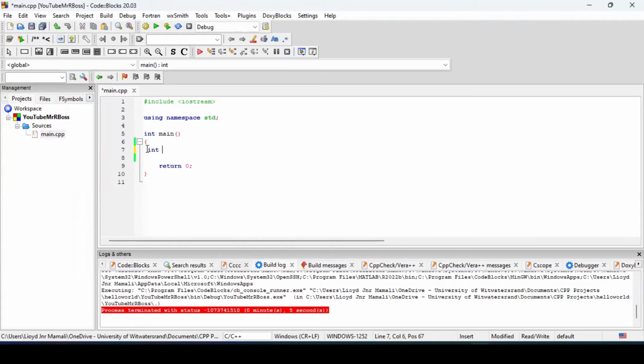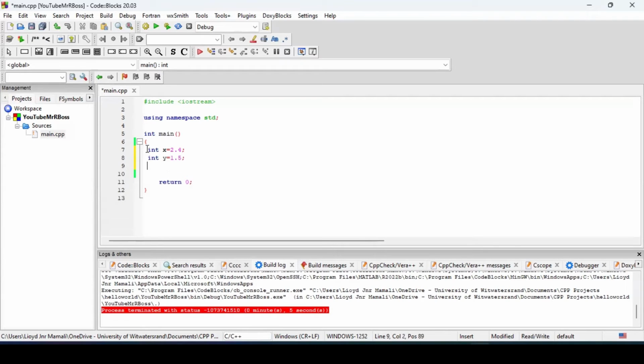So if I say int x is equal to 2.4, and then I say int y is equal to, let's just say, 1.5, right?